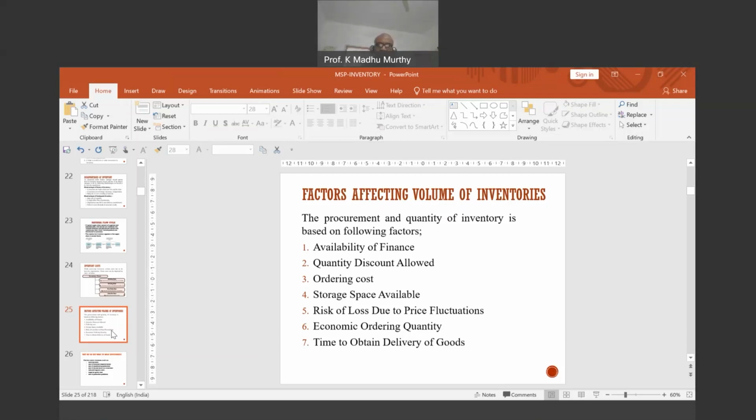The prices are not stable. Prices keep fluctuating, so depending on this, it may also have an effect. And the economic order quantity, the optimized costs that we incur as an organization. And also the lead time, or the time to obtain the goods after placing an order for them.